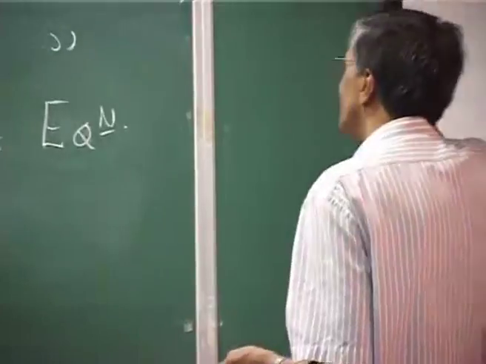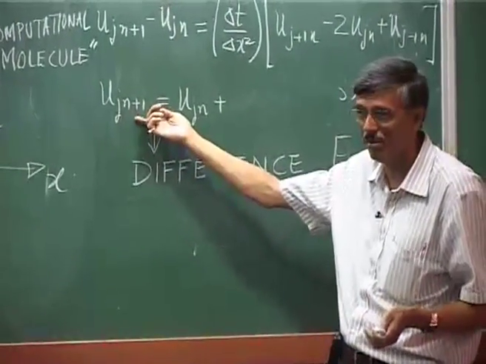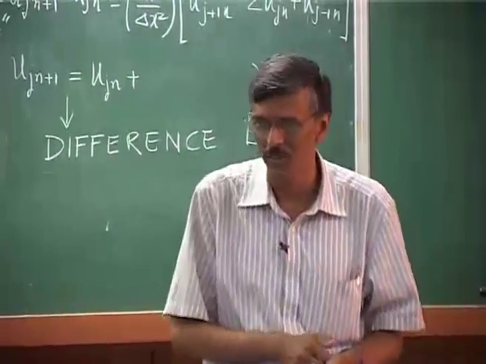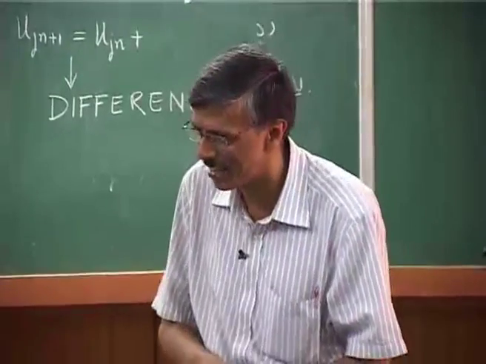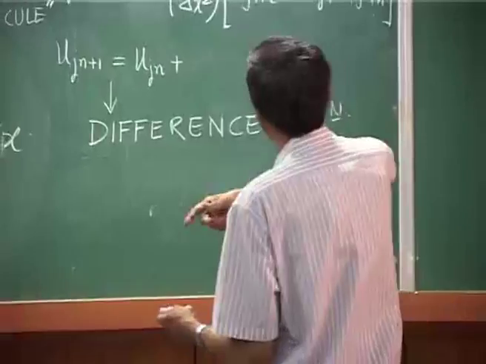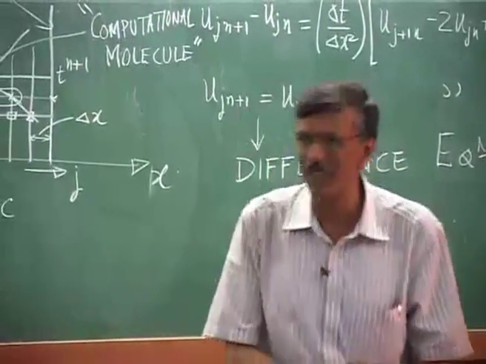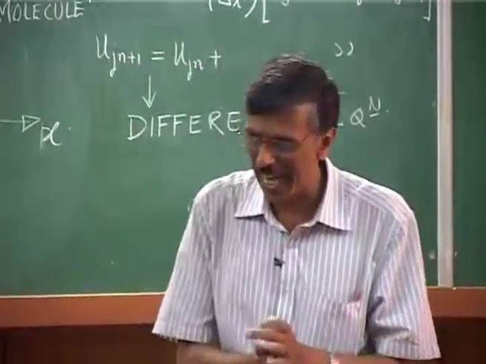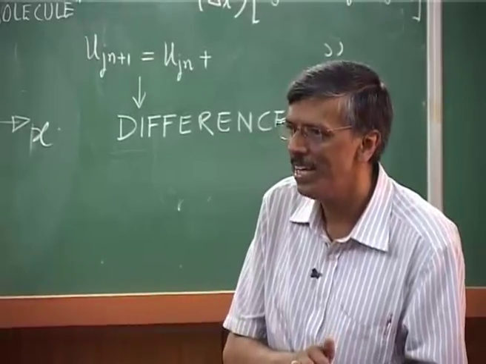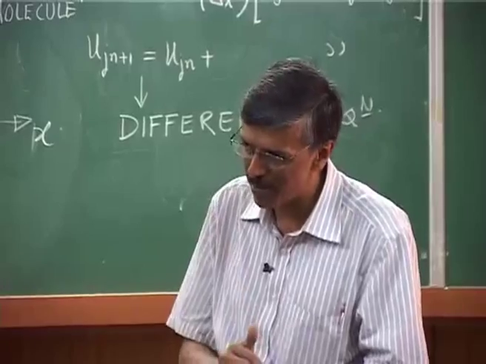However, this particular way of evaluating the solution at an advanced time level from the information at the previous time level is an explicit procedure. I had the information at nth level, from there I could just directly take one point at a time and evaluate it explicitly by using this difference equation. This is an explicit method, and that is the price you are paying, that you have tried to get a solution of a parabolic PDE by an explicit method.